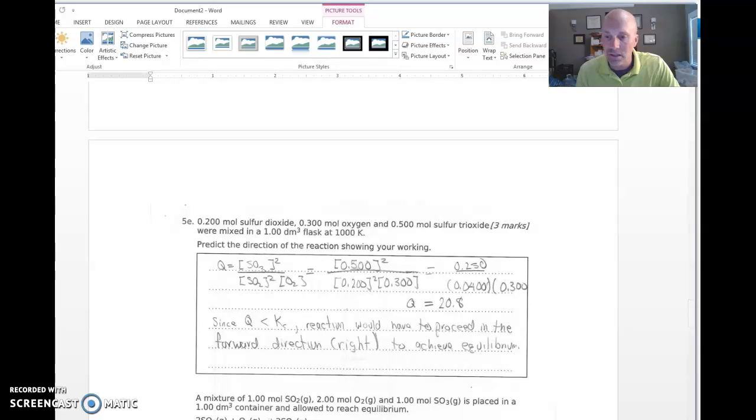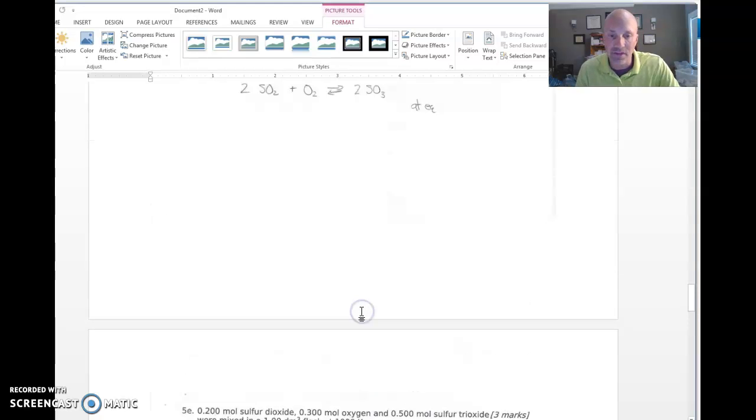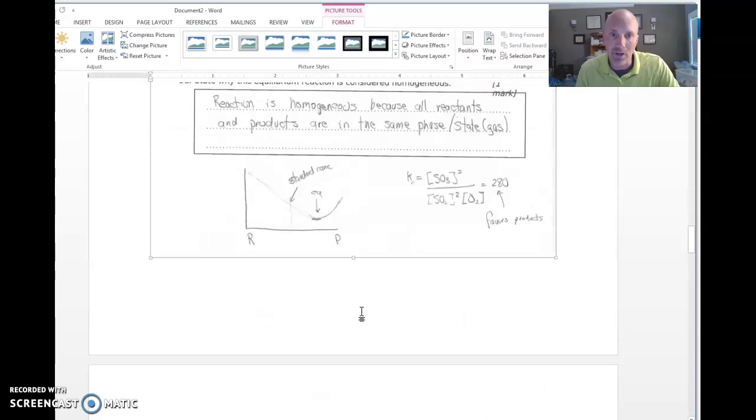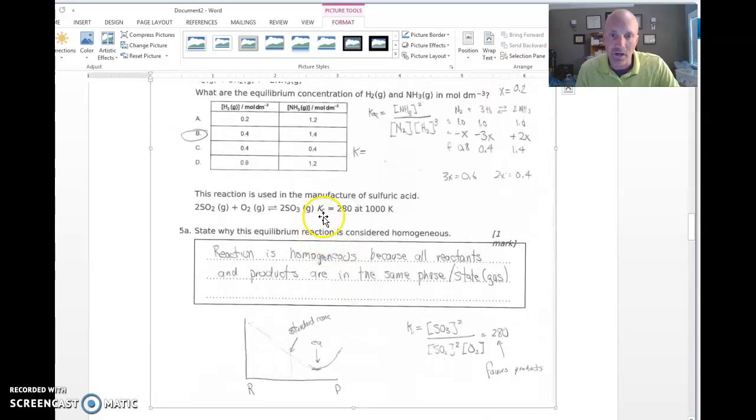In part E, they give some actual concentrations, and they say, if these are the starting concentrations, what would you predict the reaction direction to be? Let's plug these things in and calculate what Q would be. If we do that, we get a Q value of 20.8, but we know that when we're at equilibrium, that value would be this right here.